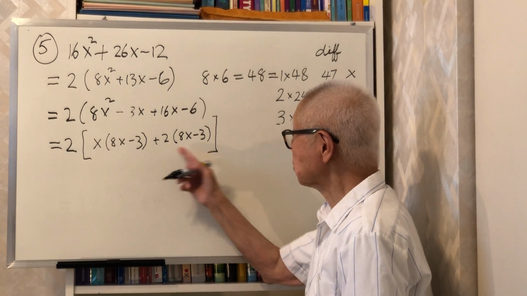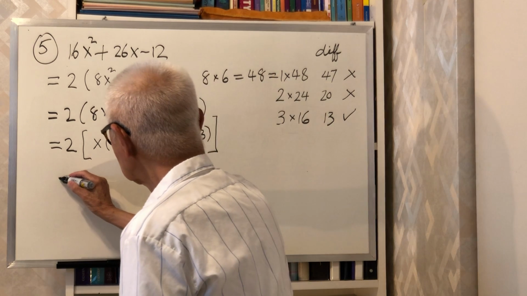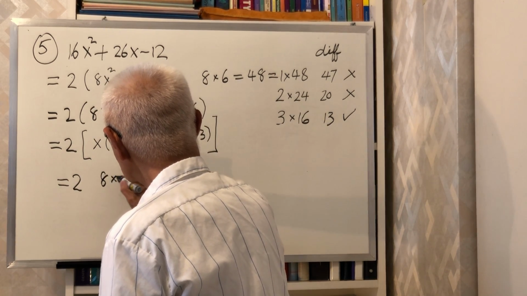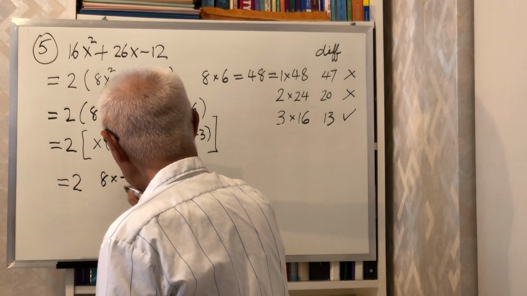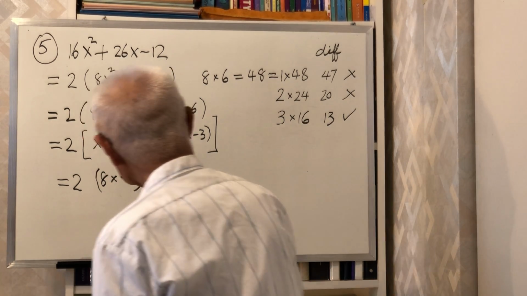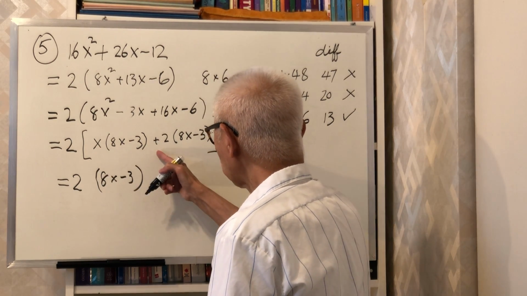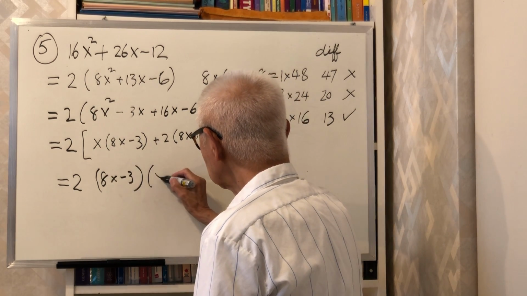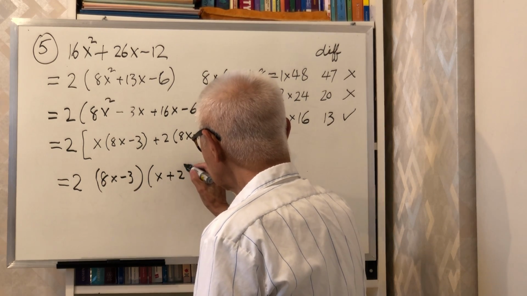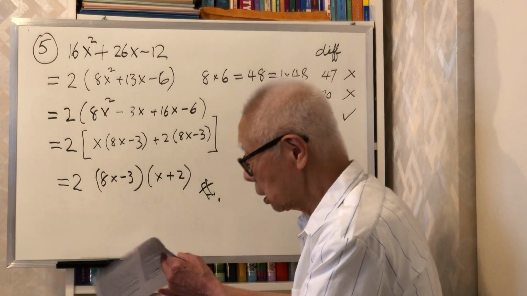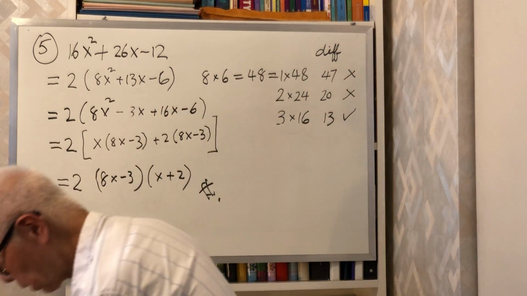So I factor out this bracket. 8x minus 3 can be factored out. What is left is x plus 2. So this is my answer. Okay.